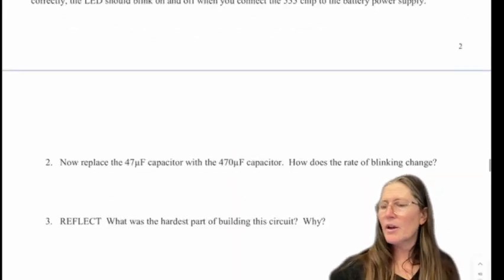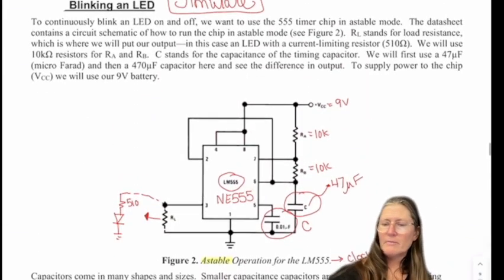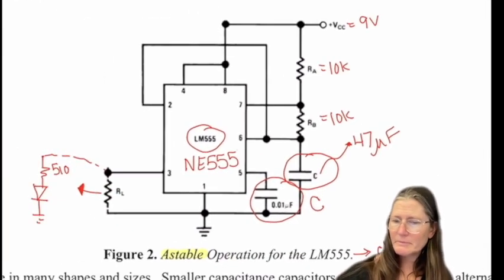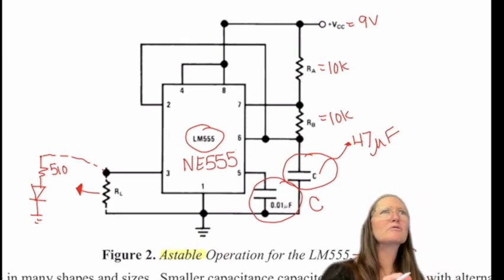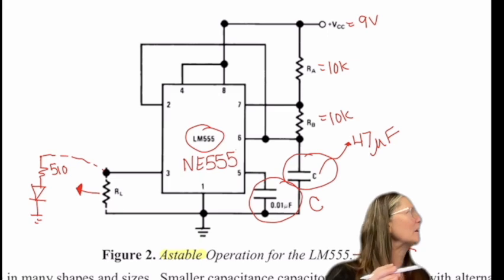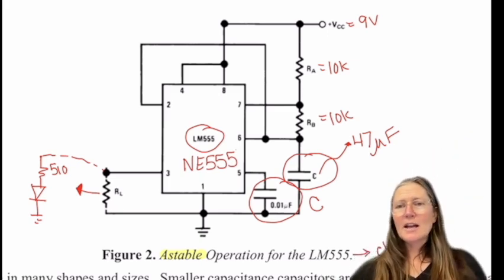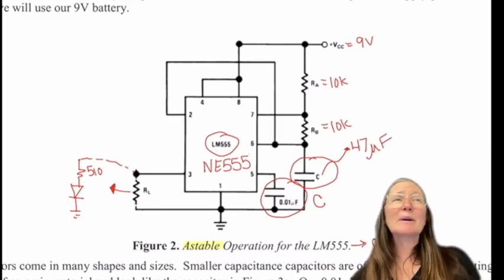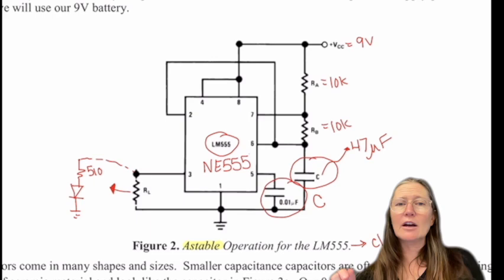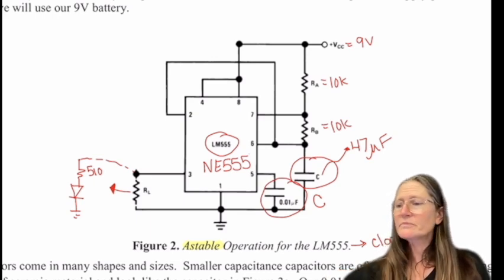Okay, so the first one we're going to do is hook this up in your simulators. So go ahead and get out your computers, and for those that have installed LTspice, you're going to be running LTspice for this one.